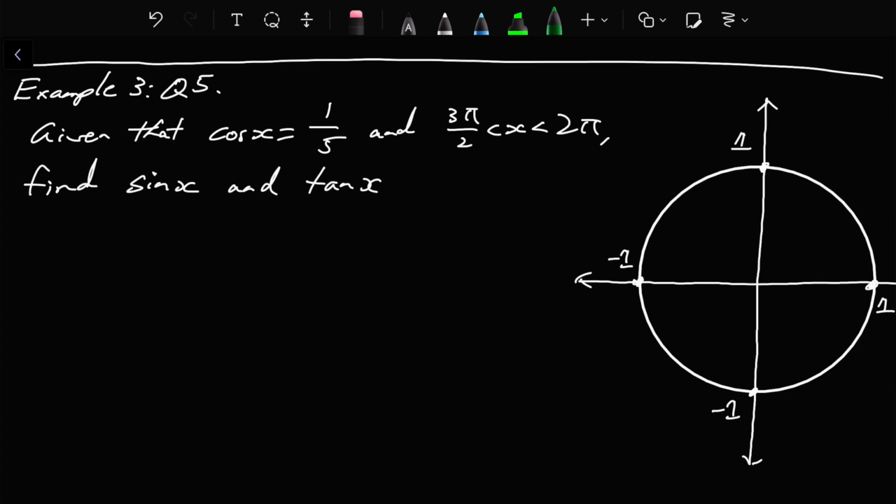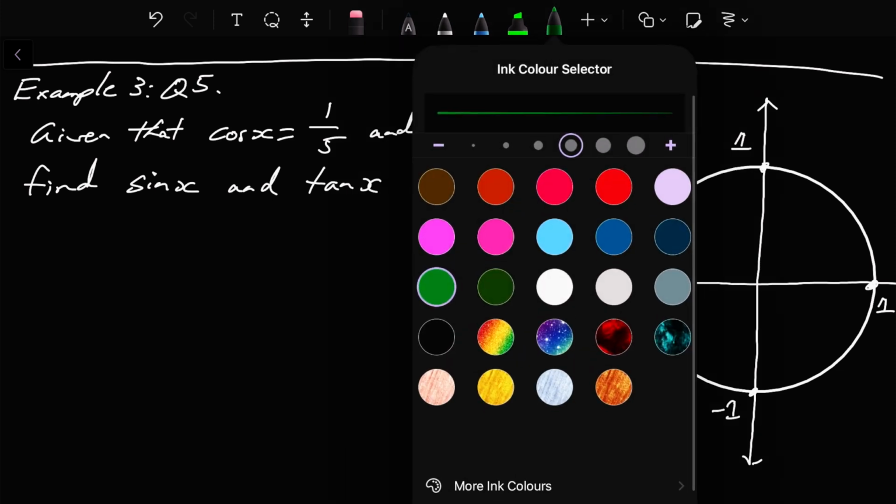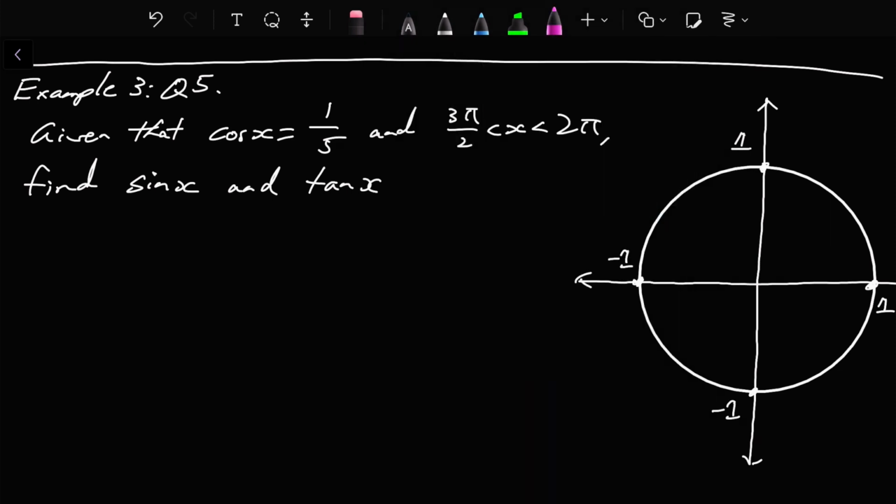What we're going to do is we know that cos x is 1 over 5, and we know that it's in between these two things. So firstly, we just plug it into the Pythagorean identity. Let's do it in pink. It will give us sine x, and then we can use that to find tan x.